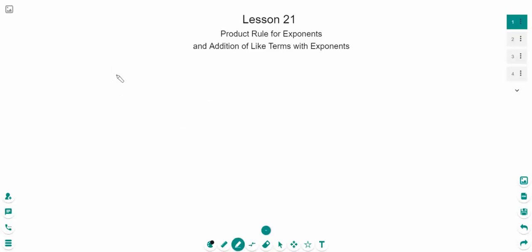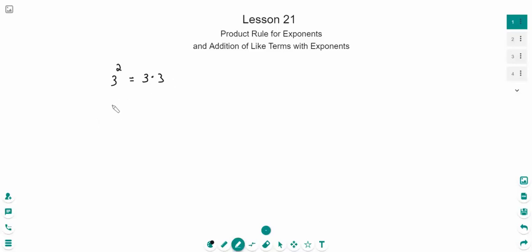So, we recall that if I have something like 3 squared, or 3 to the second power, this is essentially saying 3 times 3. That would be another way to write it, right? So we have the base, which is the 3, and then we have the exponent, which is the 2, right? So we're just taking the base, multiplying it by itself the same number of times as the number in the exponent.